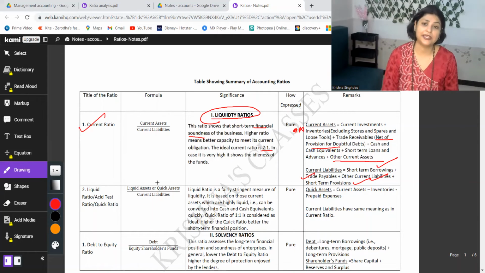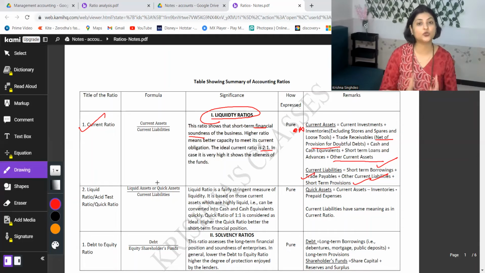Similar is the case with any kind of advances paid to people in the form of expenses. These are called prepaid expenses, because if you have paid it to someone, it is going to be very difficult to get that money back, and even if the person is ready to give, they will not give you immediately. They are going to take their own time. So here also the convertibility into cash is not immediate.